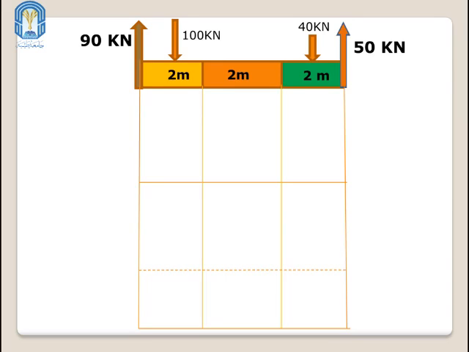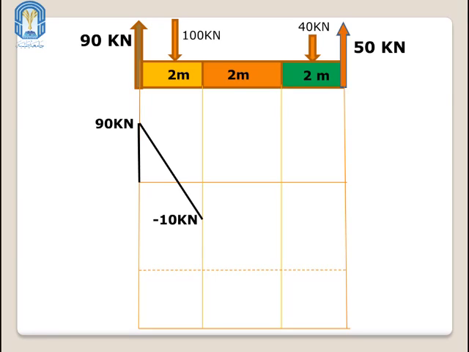For that, we will go up 90 kilonewton. After that, we are going down 100 kilonewton because the direction of this force is down, and it will go until it stops at -10.